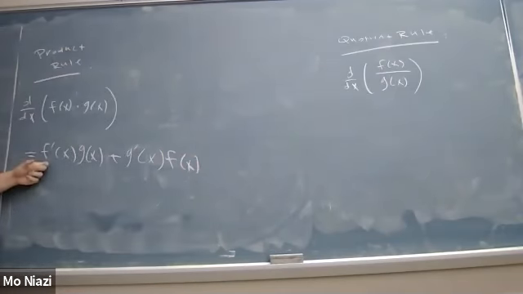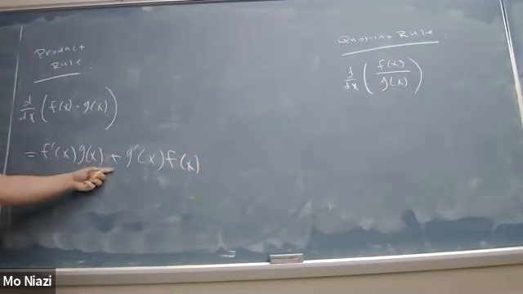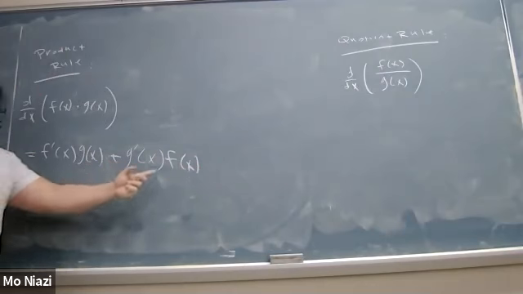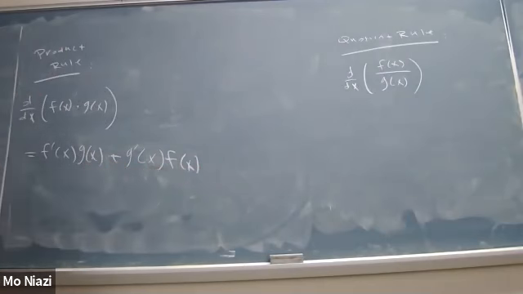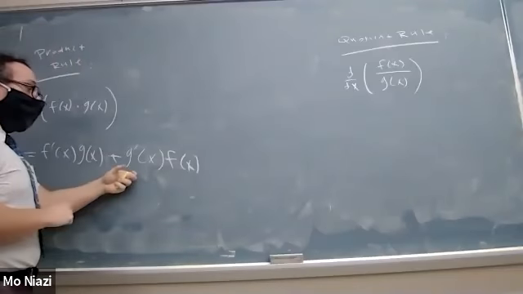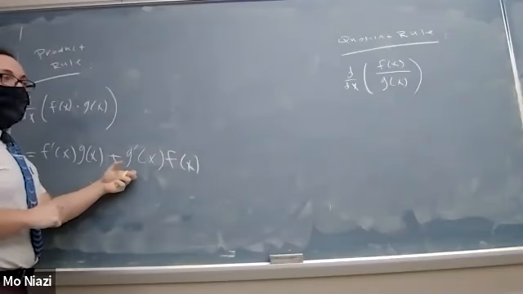One of them gets differentiated while the other one stays fixed. Then you add it to the other one that gets differentiated, now the opposite one gets fixed. When I write f prime of x, that means ddx of f of x. When I write g prime of x, I mean ddx of g of x.